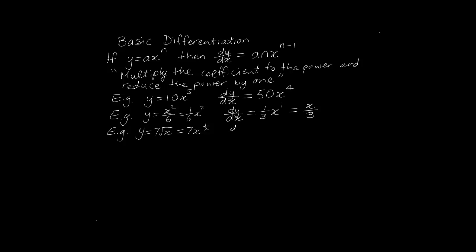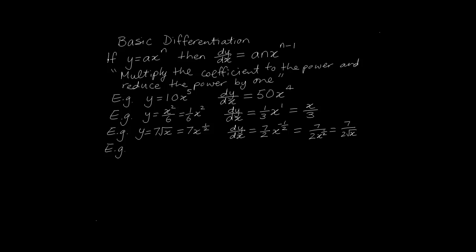It helps us isolate that power. dy/dx will be 7 times a half, which is 7 over 2, and then x to the power of 1/2 minus 1 is x to the power of -1/2. I can use my index rules again to make this simpler: 7 over 2 times x to the power of -1/2, which I could even write as 7 over 2 times the square root of x.